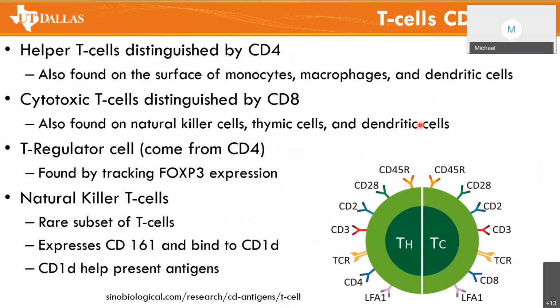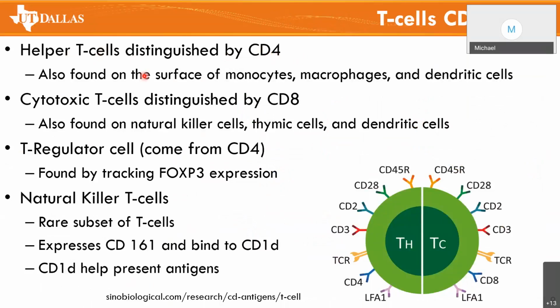So before we move any further, I want to explain how you can track and distinguish T cells from other cells. And this is how to track all cells in general. We look at the cluster differentiation markers. For example, helper T cells are CD4 positive.